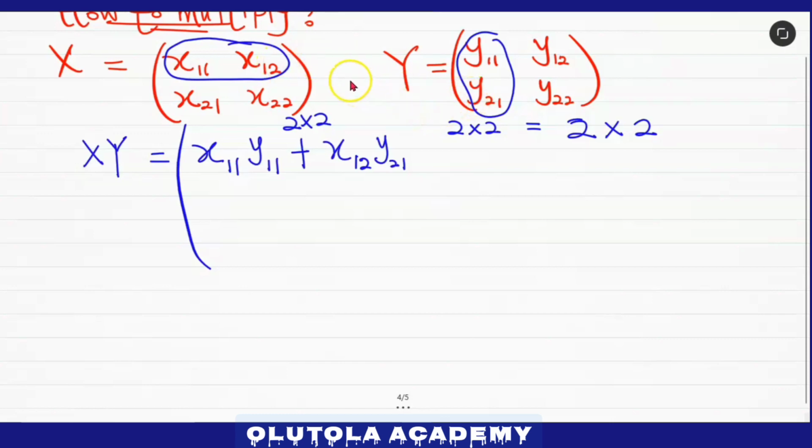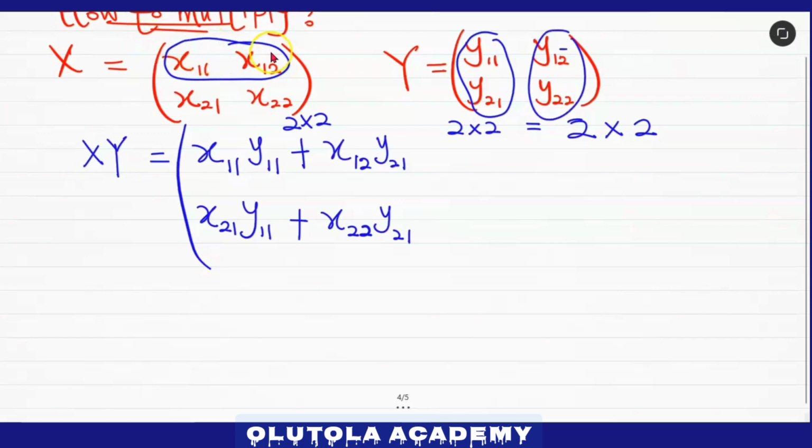Then we go again, this row we multiply with this column, so we have x21 times y11 plus x22 multiplied by y21.